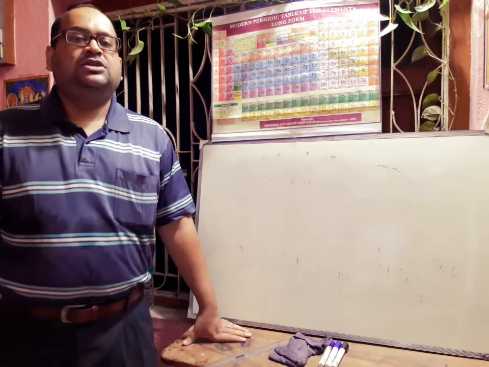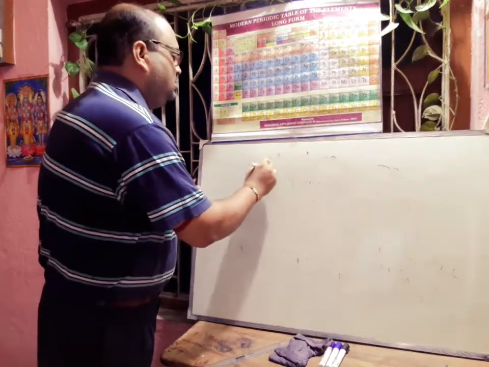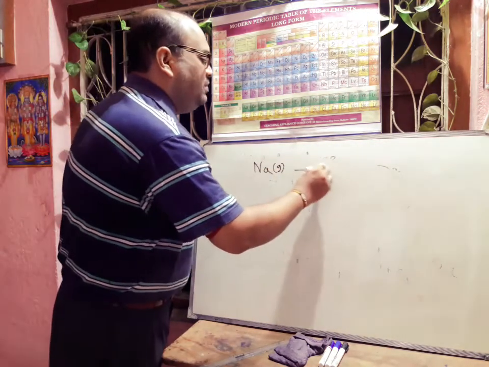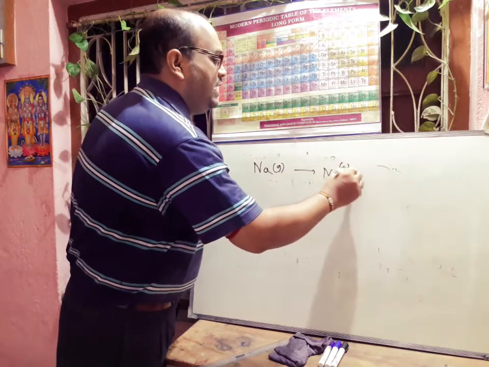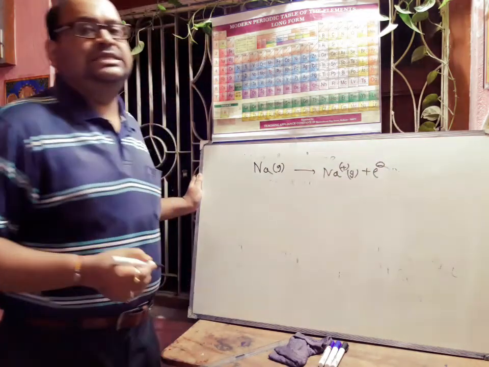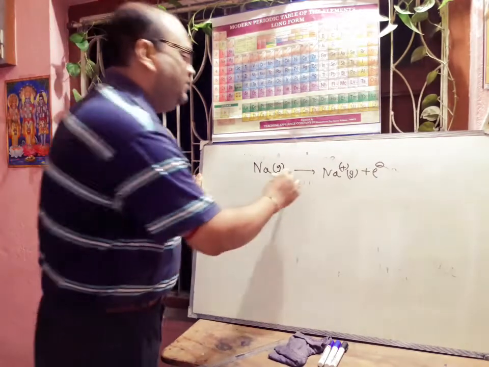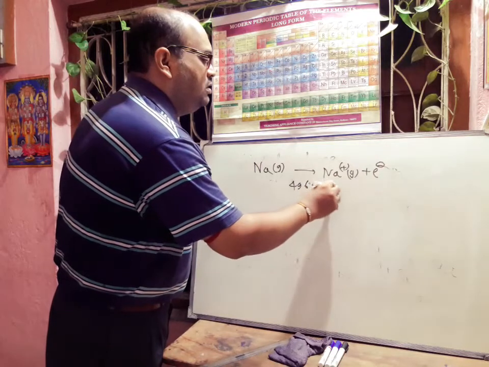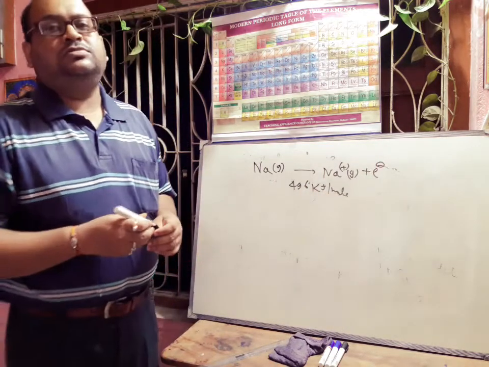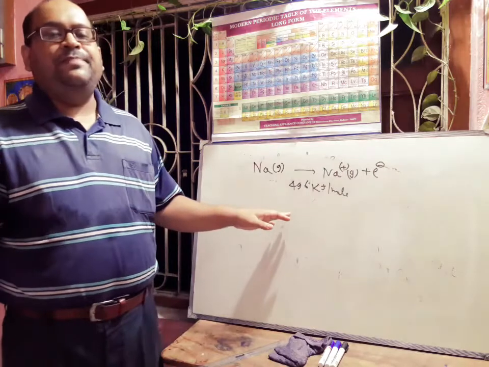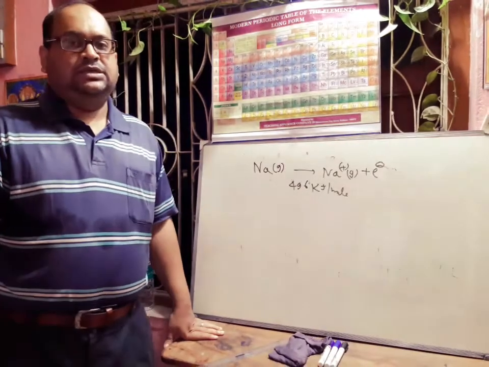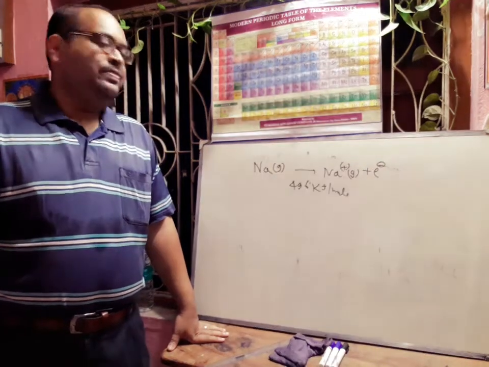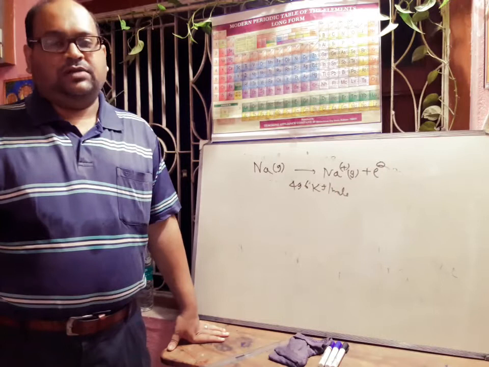If we think about sodium, removing one electron from its gaseous state to form Na+ gas requires 496 kilojoule per mole. So this amount of energy is the ionization energy, and the units we can write in kilocalorie, kilojoule, or even electron volt per atom.